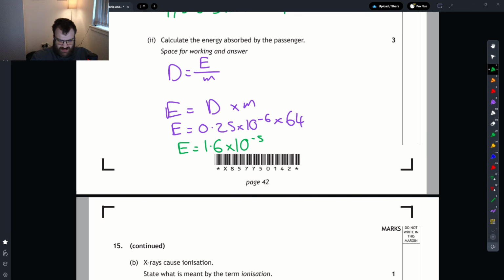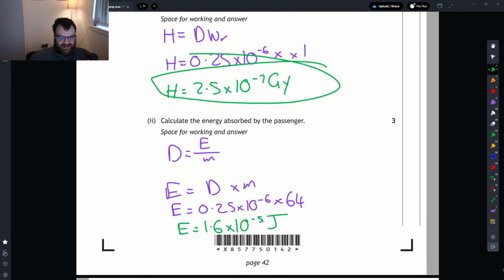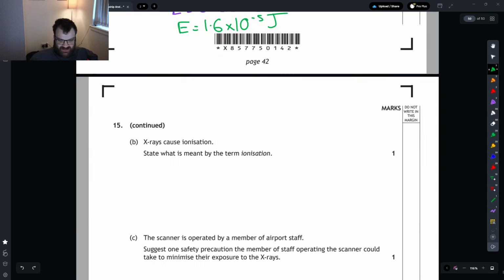And then this one is becquerel, sieverts. No, energy. Read the question. Energy, joules. Now, is there a chance that they did this deliberately to make us want to use this value in the wrong place? Perhaps. But absorbed dose is D, a natural one we're going to use there.